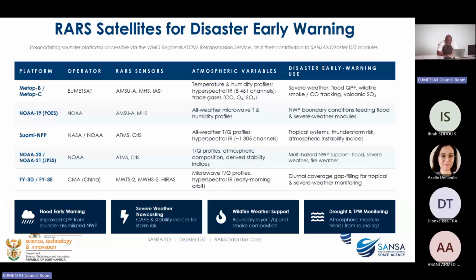The target will be severe weather as far as METOP B and C are concerned, and then NOAA 19 also for SEWA severe weather modules, and the NPP together with NOAA 20 and 18 and FY3D.